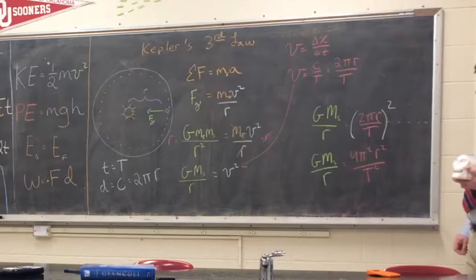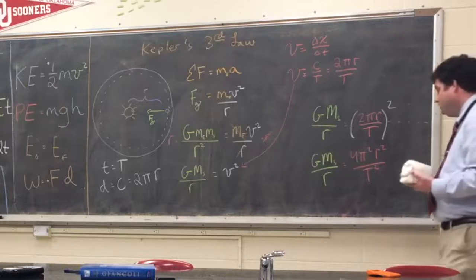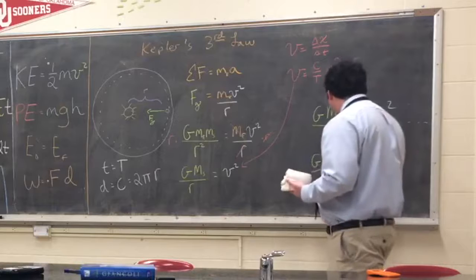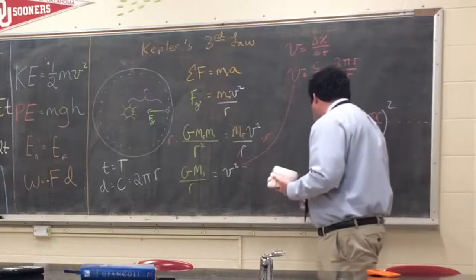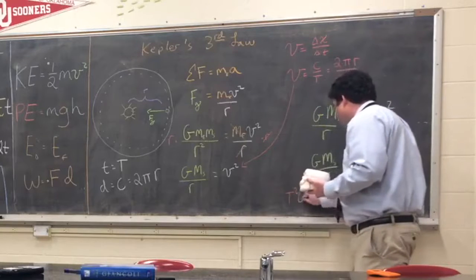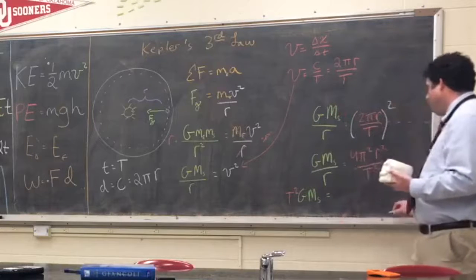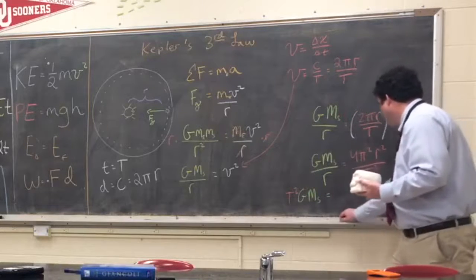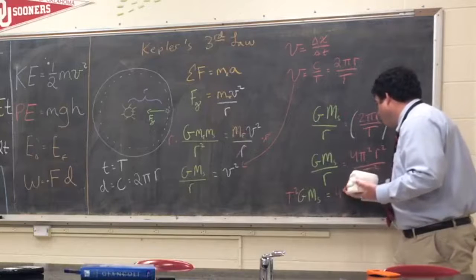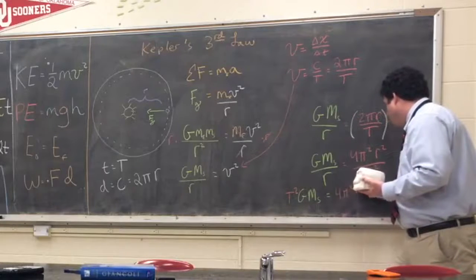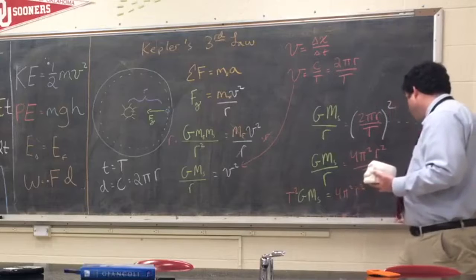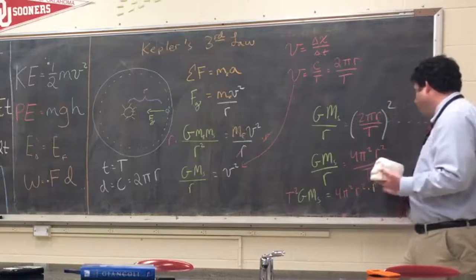We're almost done. I'm going to cross multiply. So I have T squared G Ms is equal to 4 pi squared r squared times r.